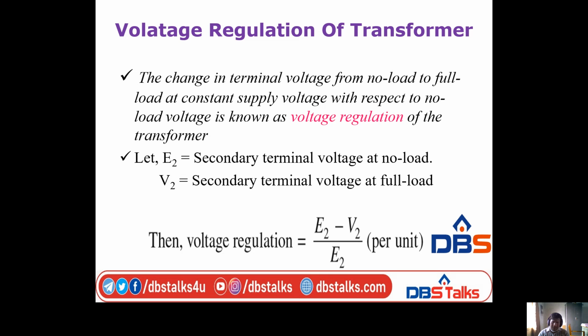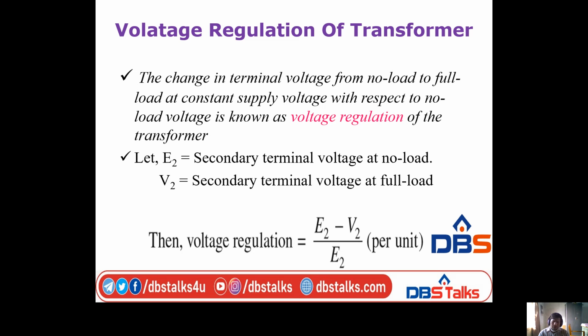Whenever you put the load on the transformer, the voltage is reduced somewhat. The change from the no load voltage, that is the rated voltage, to the full load voltage is expressed with respect to the no load voltage or full load voltage. That gives the transformer performance, how the transformer works at no load condition as well as at full load condition.